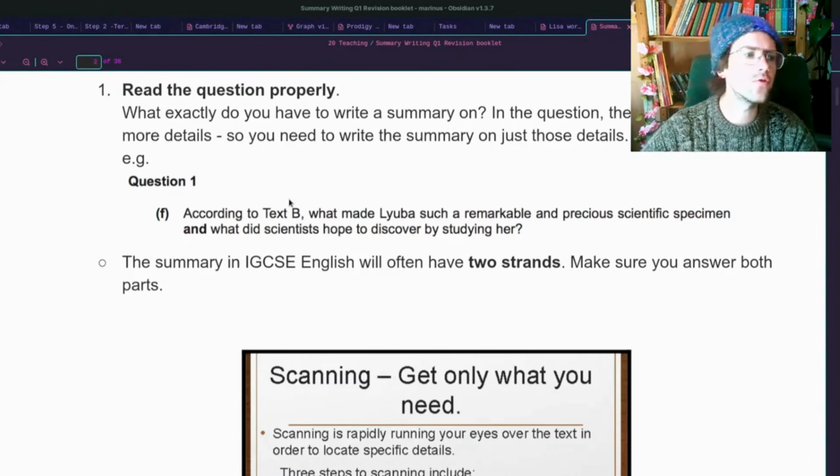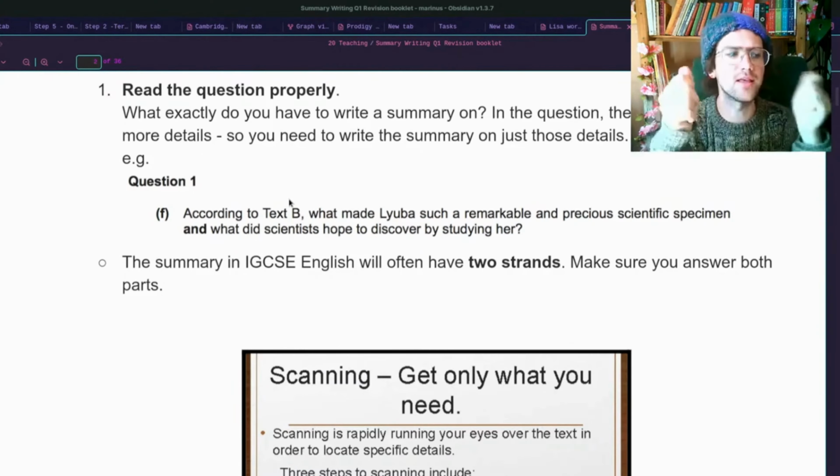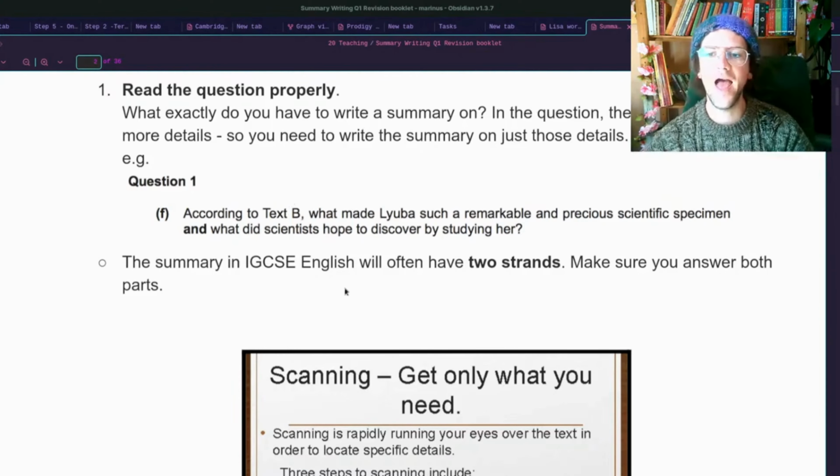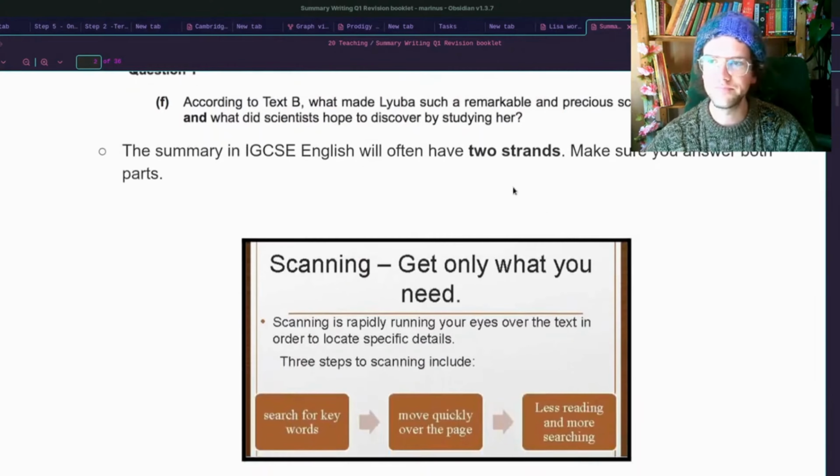So what you're going to do is take two color highlighters. You're going to highlight the points about what made her a remarkable and precious scientific specimen. Then in another color, you're going to highlight what scientists hope to discover by studying her. Now your summary in IGCSE is often going to have two strands. Sometimes it has one strand, but that is like 1 in 10 papers.